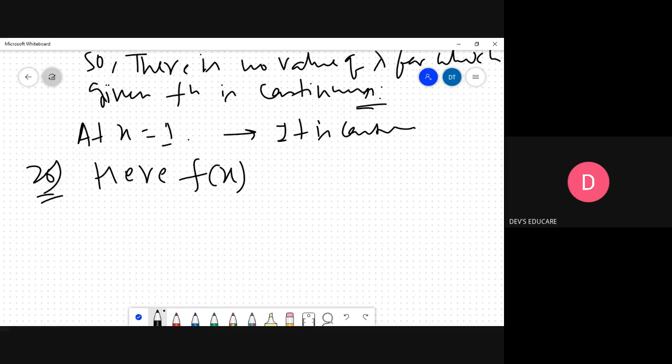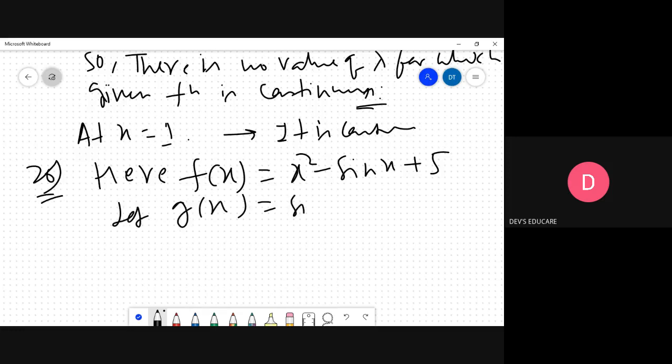f(x) equals x square minus sine x plus 5. So let g(x) equals sine x and h(x) equals x square plus 5.